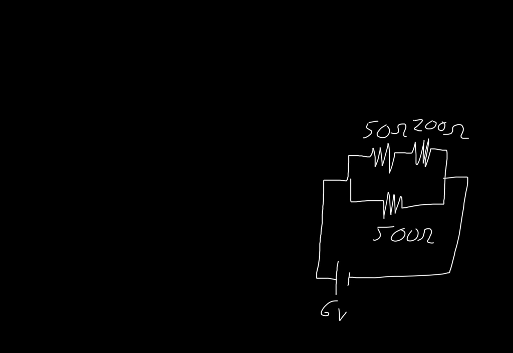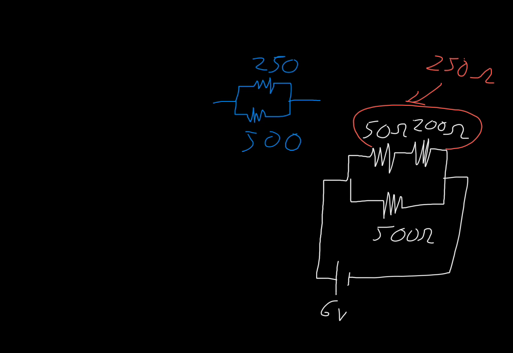So let's combine these two resistors together, a 250 ohm total equivalent resistance of those two. So we can redraw our circuit in such a way that we just replace those resistors with the equivalent resistance. This drawing up here in blue is essentially what we're going to imagine is replacing our parallel circuit here.